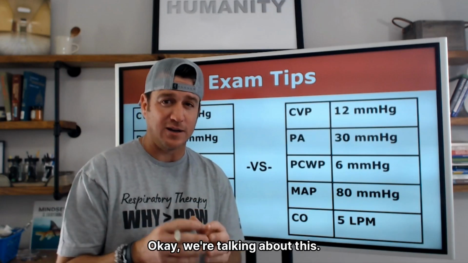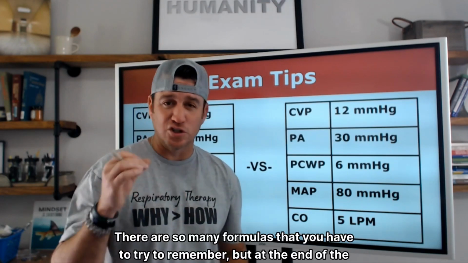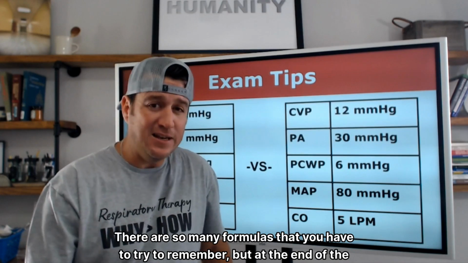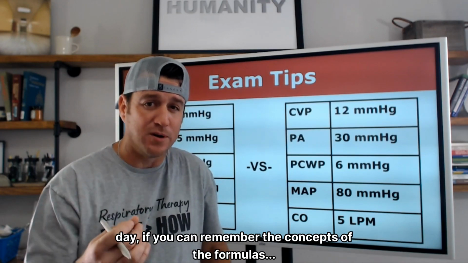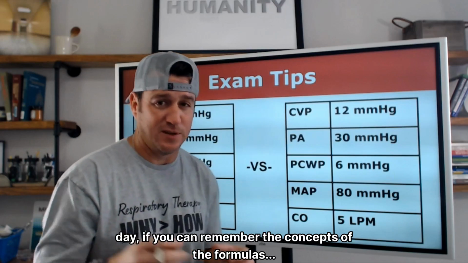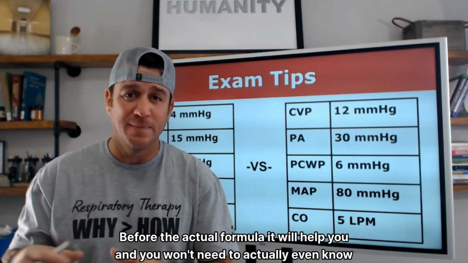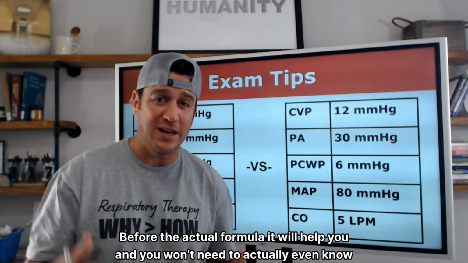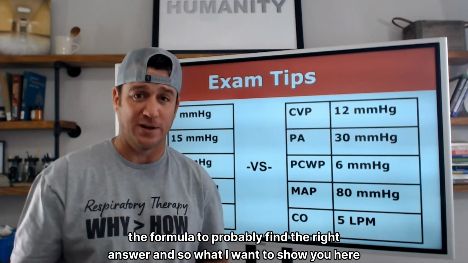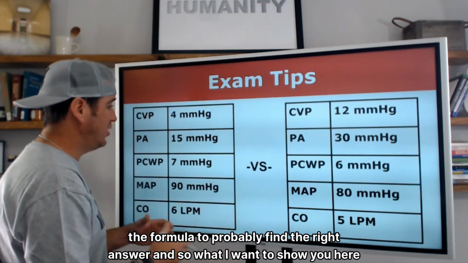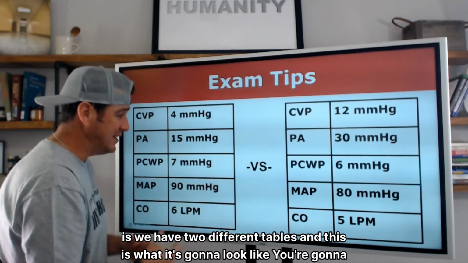Okay? When we're talking about this, there's so many formulas that you have to try to remember. But at the end of the day, if you can remember the concepts of the formulas before the actual formula, it will help you. And you won't need to actually even know the formula to probably find the right answer. And so what I want to show you here is we have two different tables, and this is what it's going to look like.